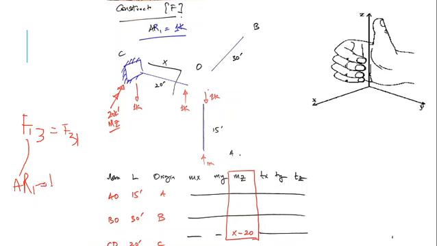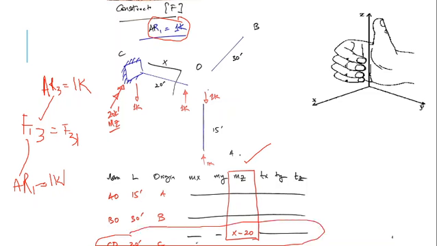AR1 is equal to 1 kip, and it should be multiplied with AR3 equal to 1 kip. For AR1 equal to 1 kip under MZ, for section CO, I have x minus 20.